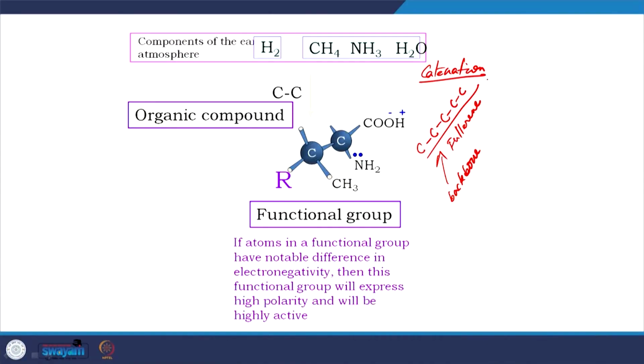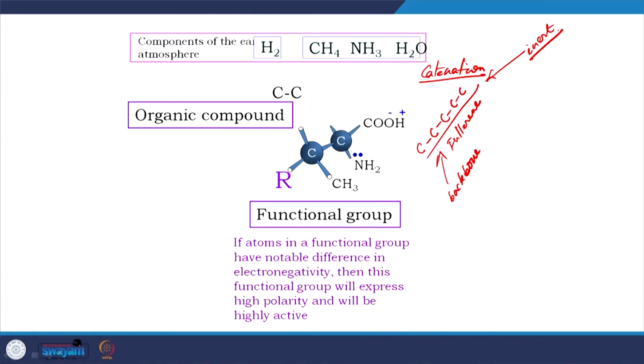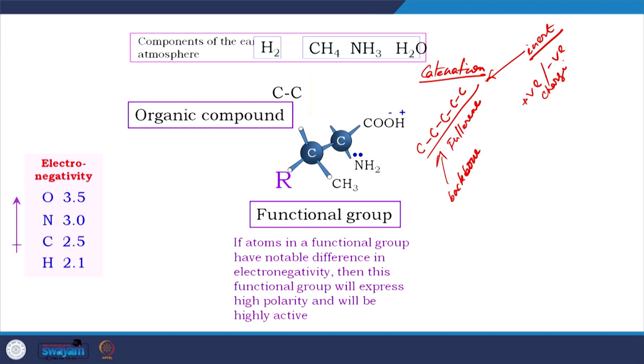Now, in a functional molecule like protein, you cannot make it inert. So, in my language, you have to spice up the inertness of the polymer. How could you do that? You could do that by introducing positive and negative charge. So, let us look at the electronegativity table.